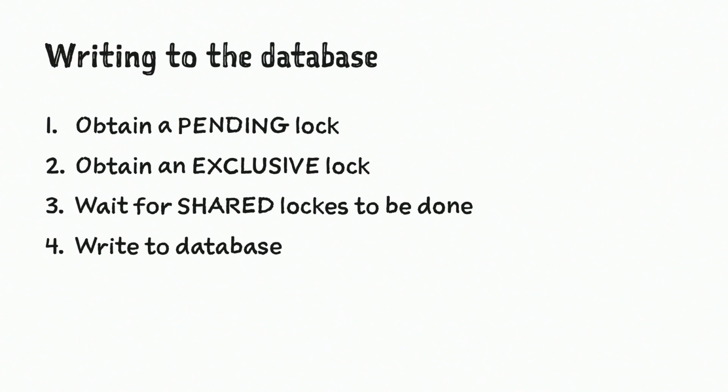Get an exclusive lock, lock the file, no one can access it, and write to the database itself. At the end, which I forgot to put here, we also delete the rollback journal, assuming everything went correctly. We don't need it anymore. Now our changes reflect what we were going to write.